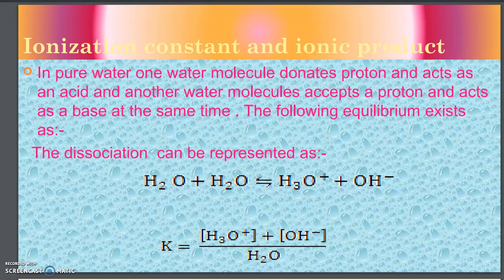Then we'll see what the ionization constant and ionic product are in these cases. In pure water, one water molecule donates a proton and acts as an acid, and another water molecule accepts a proton and acts as a base. That we have seen, water can act as both acid and base.